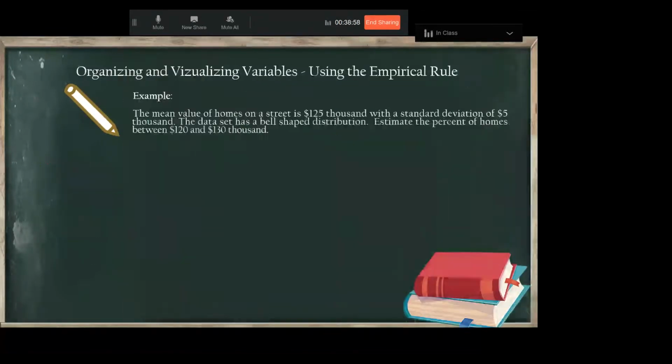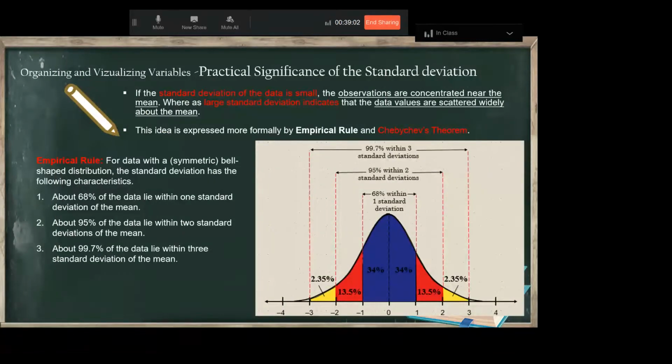I already explained this diagram to you, right? That's exactly how the data is interpreted in different ways.